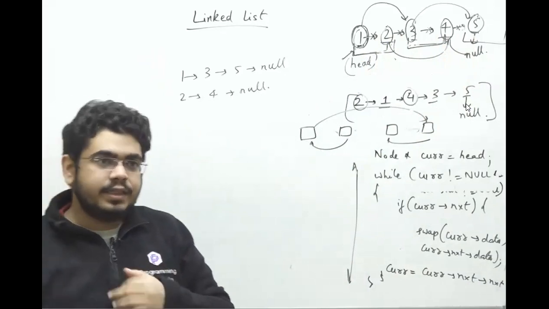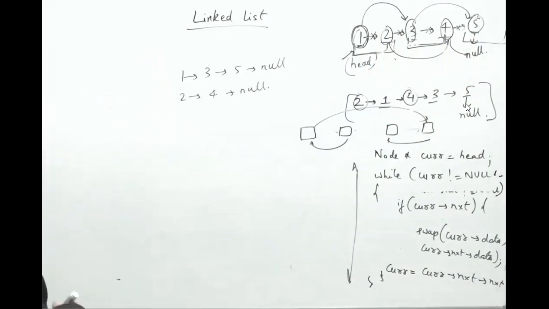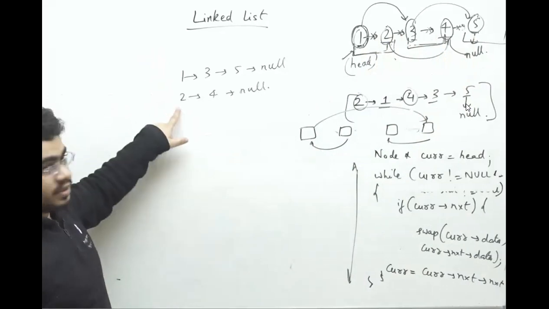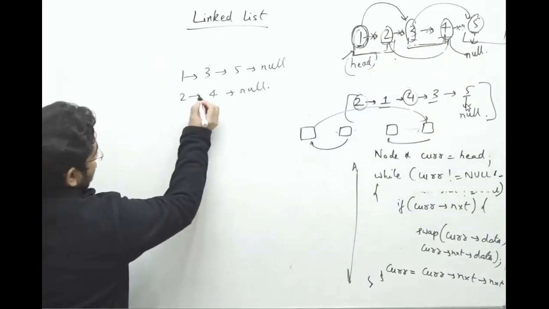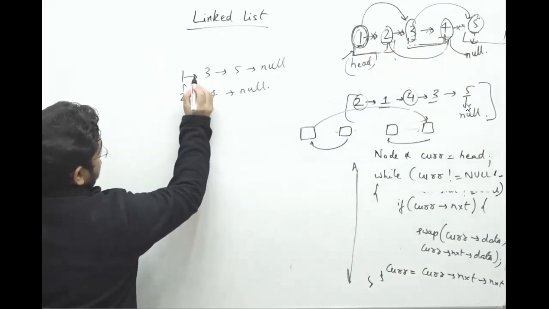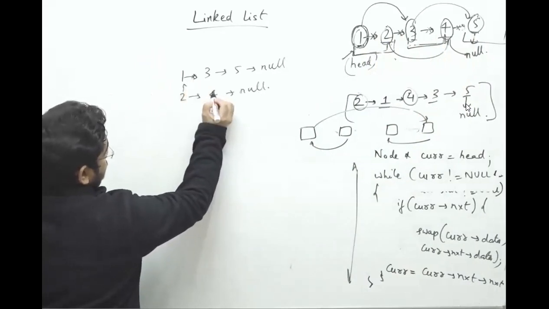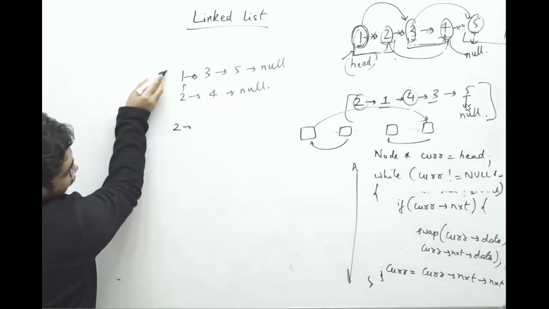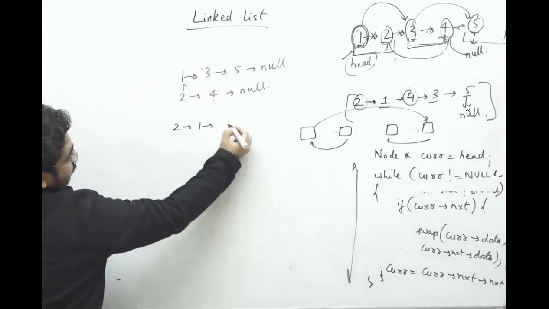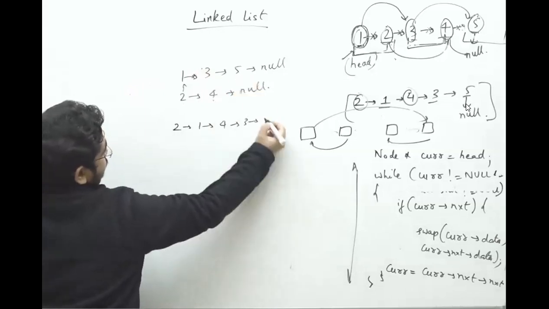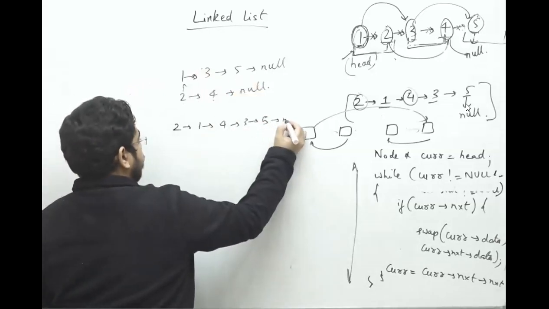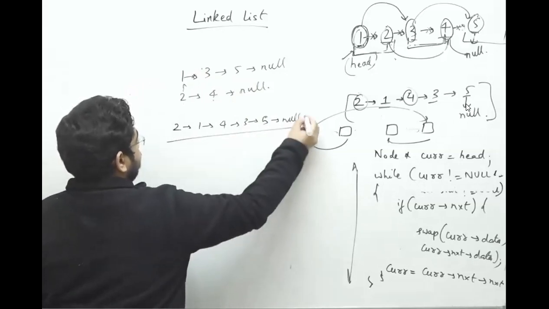Then I will interleave them in the opposite order. Just like I separated it, now I'll combine, but take this one first. So I will combine it like this: remove this, add here, remove this, add here, and so on. So 2 first, then 1, then 4, then 3, then 5. Just like merging, if you remember, if you have done merge sort or some stuff like that.